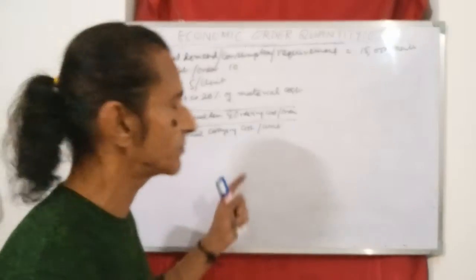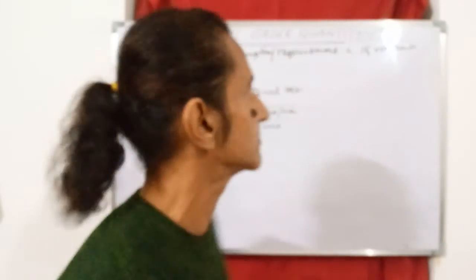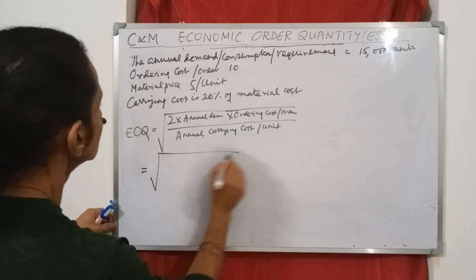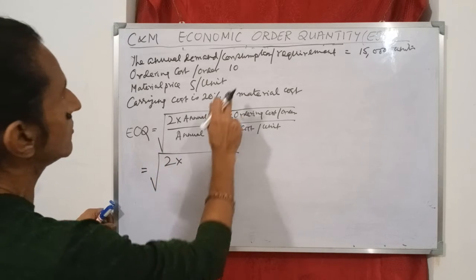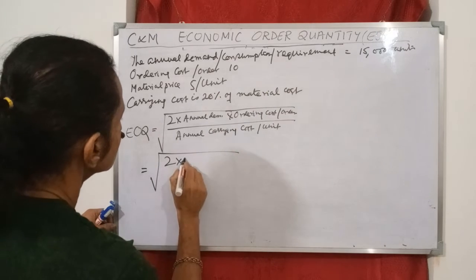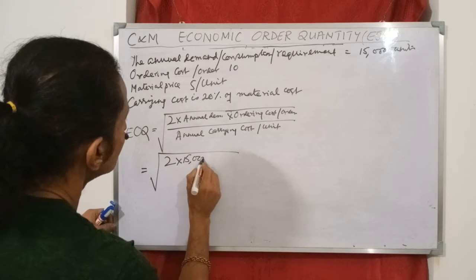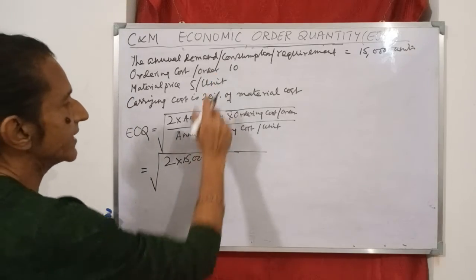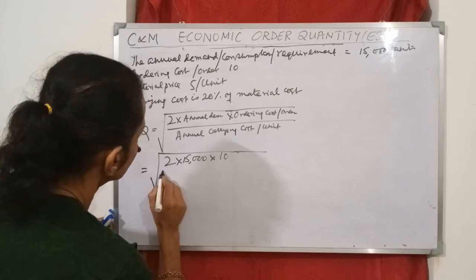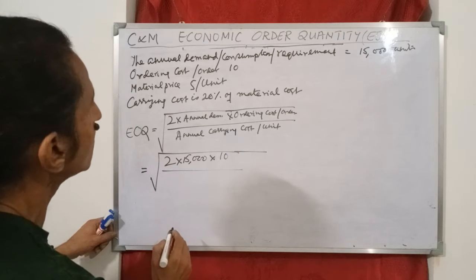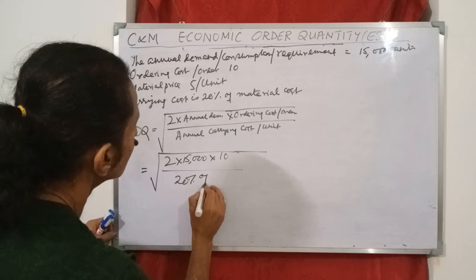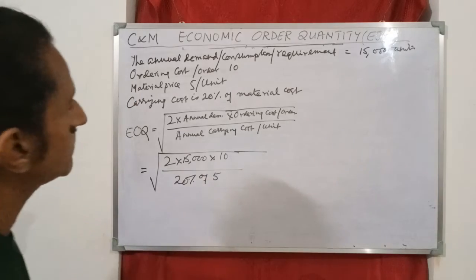This is the annual carrying cost per unit, right? So we simply put the values as given in the question. So this is equal to 2 into, what is the annual requirement? 15,000. 2 into 15,000 into ordering cost per order is 10. So we put 10 divided by annual carrying cost per unit, that is 20% of 5.